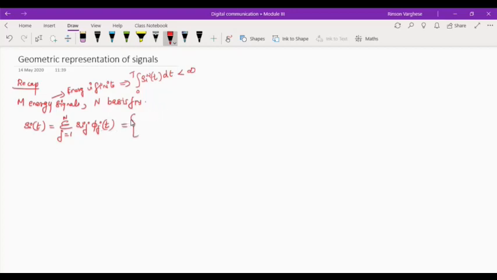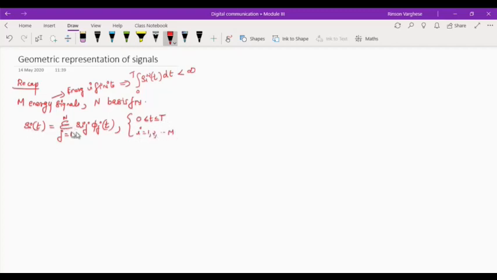Okay, this is in the interval 0 less than or equal to t less than or equal to capital T, and we have i equal to 1, 2, etc. up to m.